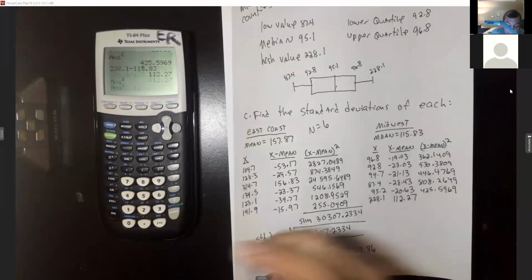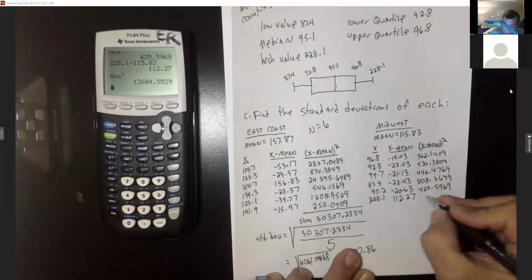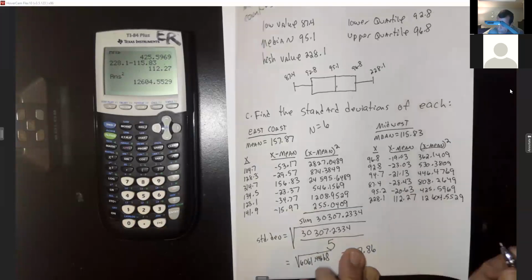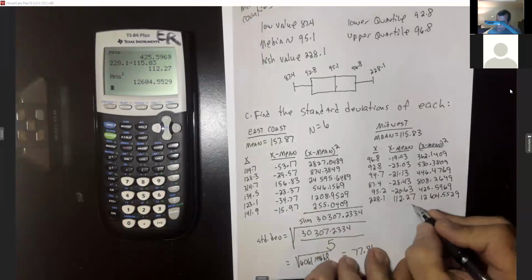Square that, and I get 12,604.5529. Woo, you get some big numbers when you carry out these decimals.